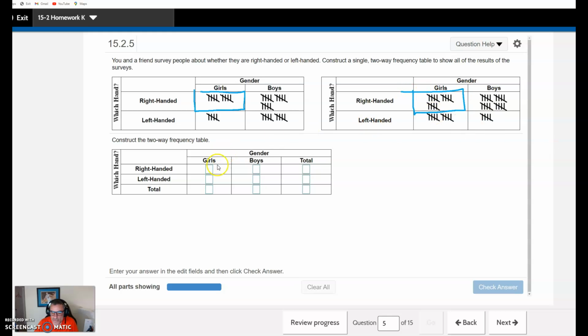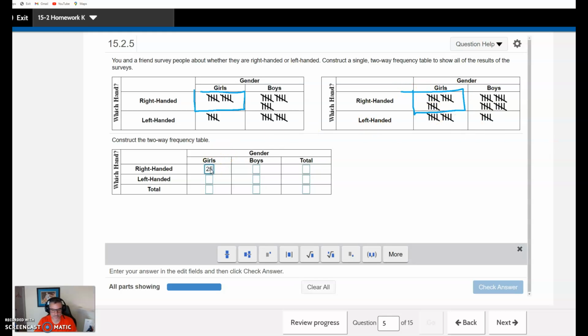So I say 10 plus 15 is 25. All right, so I have to combine those 2. Girls that are left-handed, I have 5 here, I have 10 here, so that's 15, and now I can add up the total, which would be 40, so there's 40 girls total in this study.